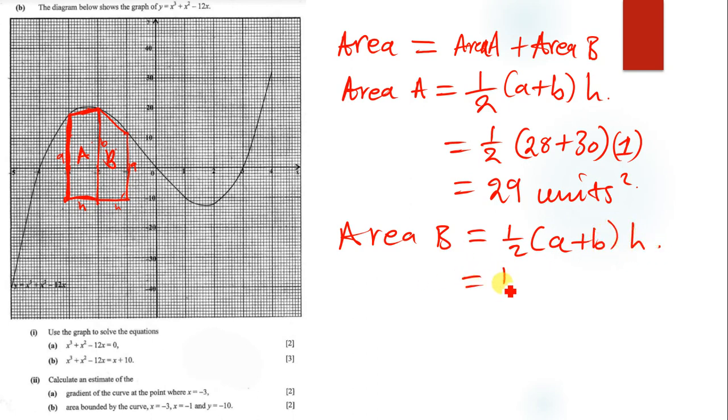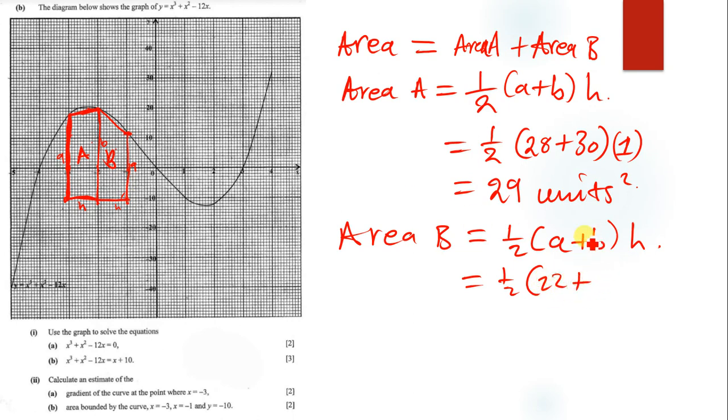So for area B, we do the same. A is simply the distance from there to there. So from this part to that, that's 10. From there to there, I'm going to count this as 12. 12 plus 10, that's 22.